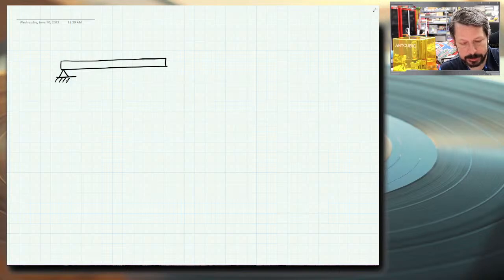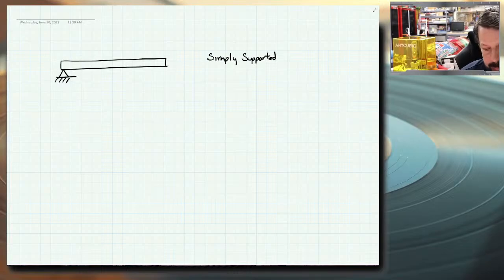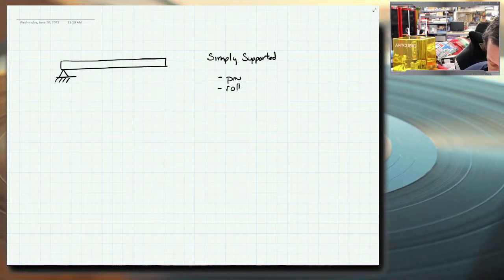I'm going to draw this one in what's called a simply supported arrangement. And what that means is that there's a pin somewhere supporting the beam, and somewhere else there's a roller. So I'm going to put them at the ends.